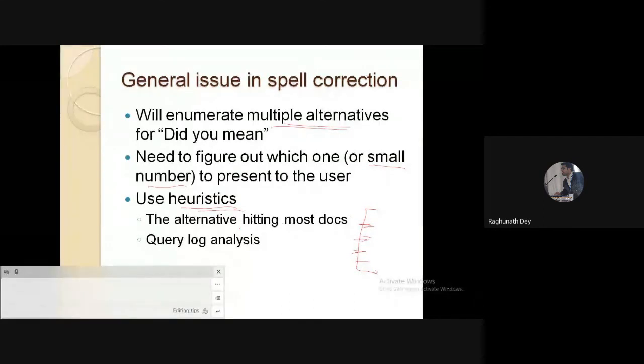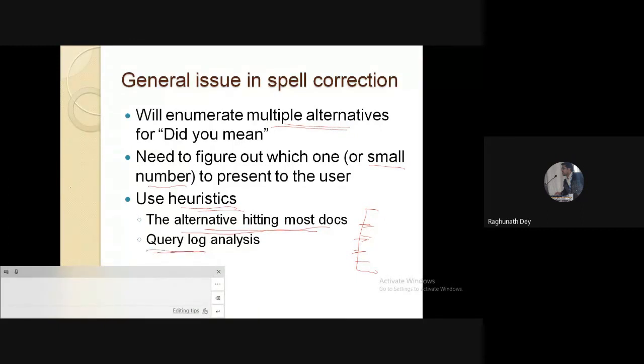By a heuristic approach: that particular alternative which is being hit the highest, by the number of people or users. The most hit alternative can be suggested. And how do you know which alternative is being hit by more users? By analyzing the query log.